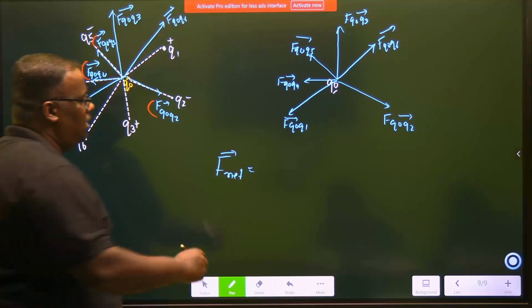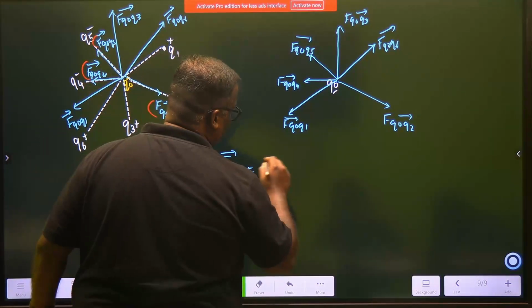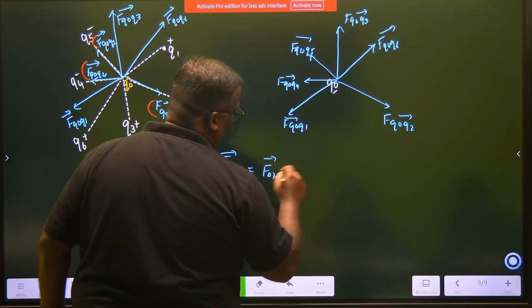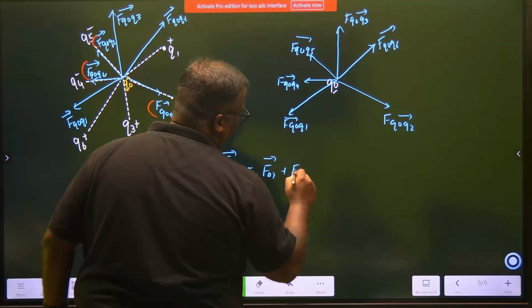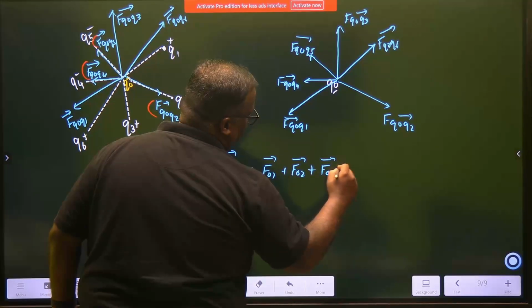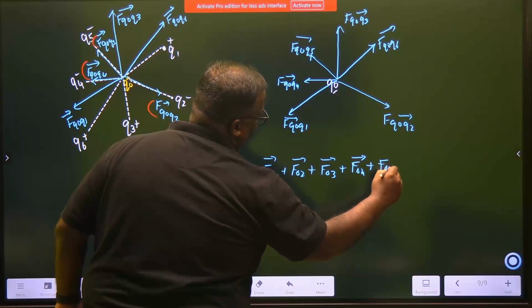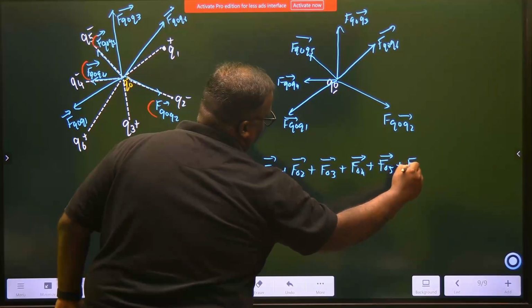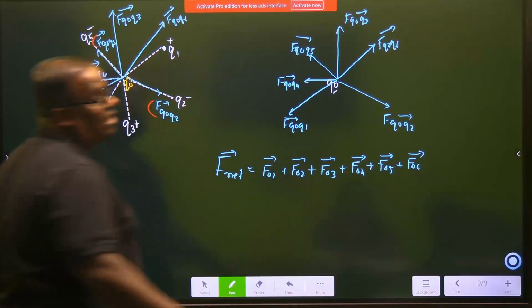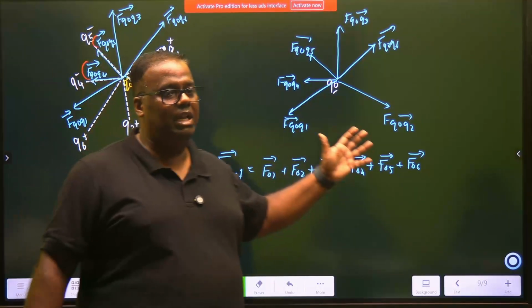So if you see them as 1, 2, 3, 4, 5, 6, I'm writing this as F01 plus F02 plus F03 plus F04 plus F05 plus F06. You will do the vector sum. Vector sum means you find the net resultant.